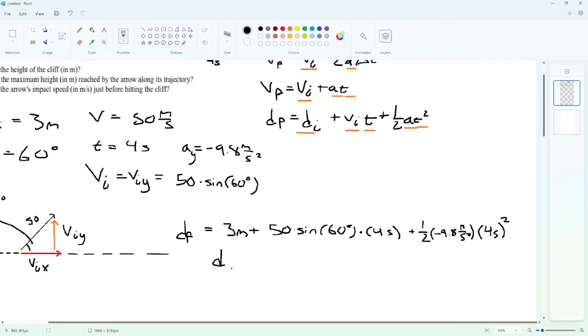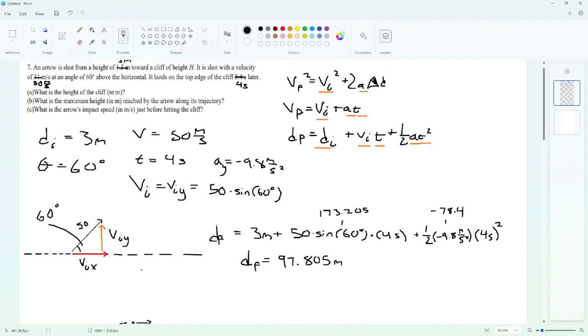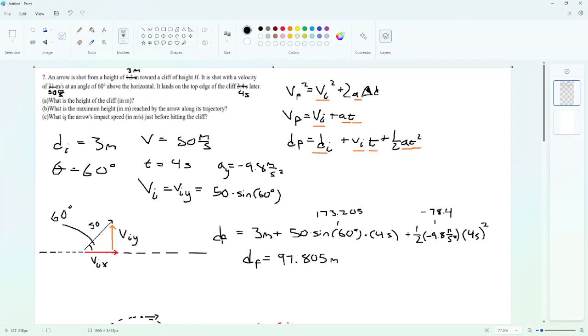And this will give us our final position of 97.805 meters. And this is going to be our height of the cliff.